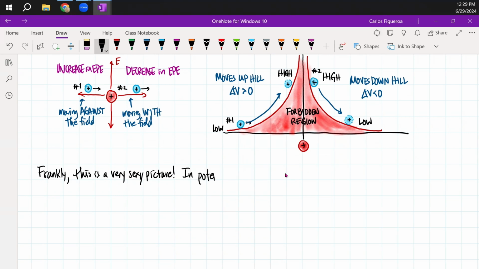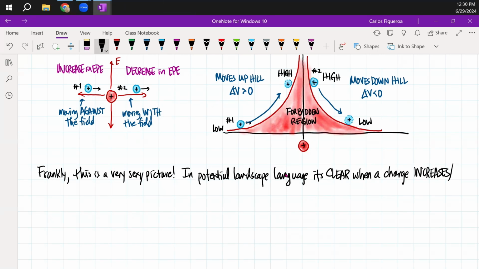In potential landscape language, it's clear when a charge increases or decreases electrical potential energy.